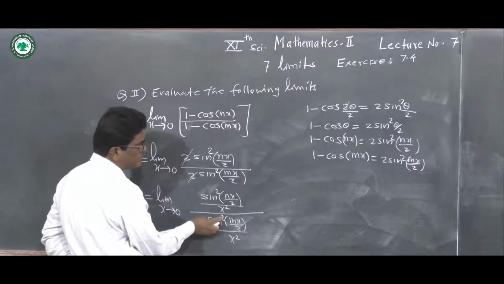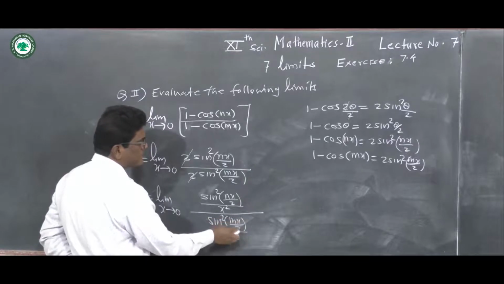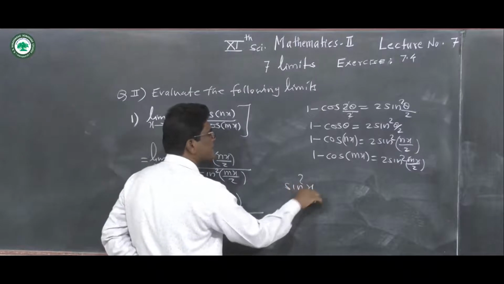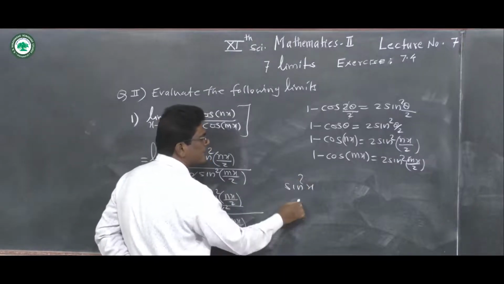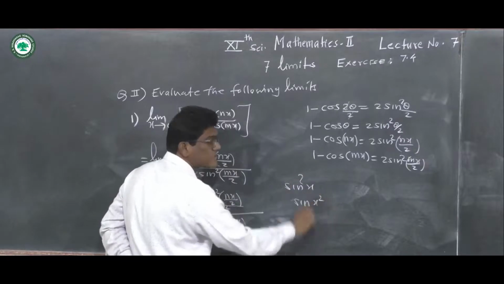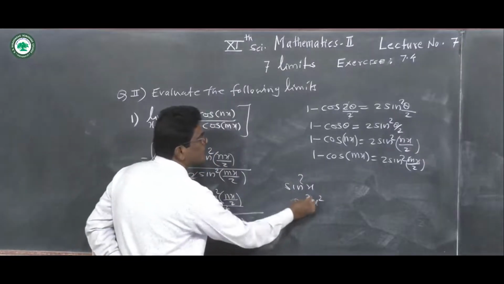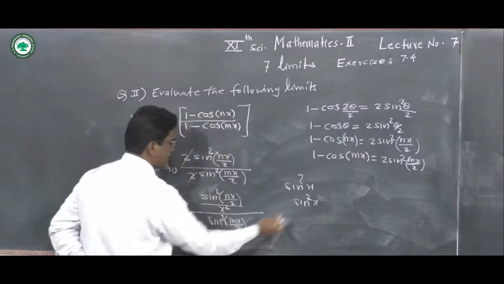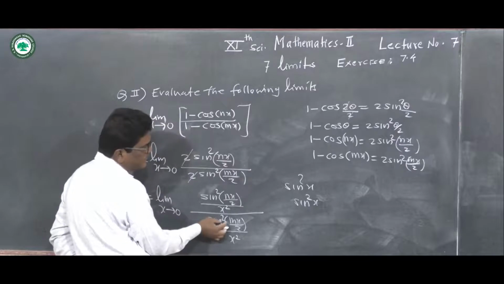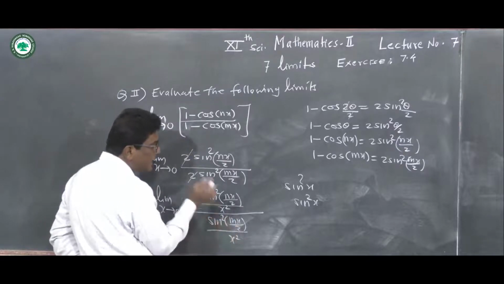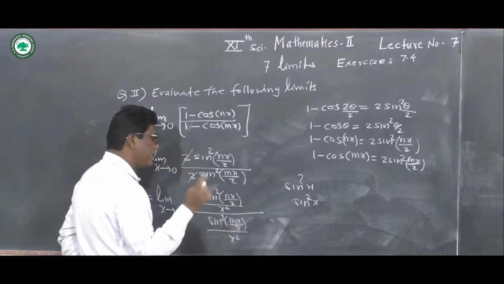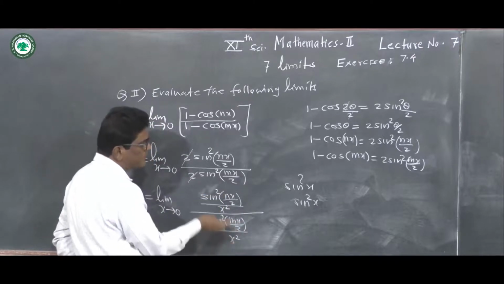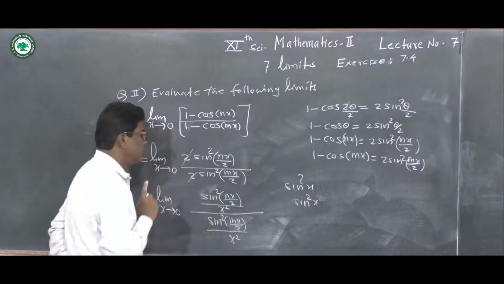Because sin square x is not sin square, it is sin of x square, but we write the square at this place. So sin square of mx upon 2 means the angle is mx divided by 2, bracket square, and here x square. Commonly we divide numerator and denominator by x square.